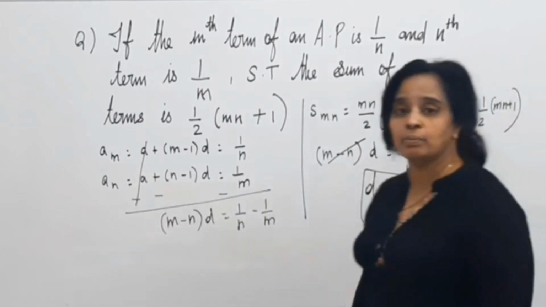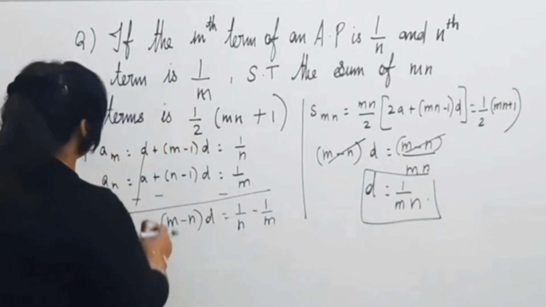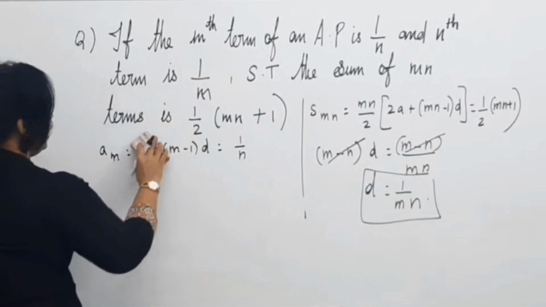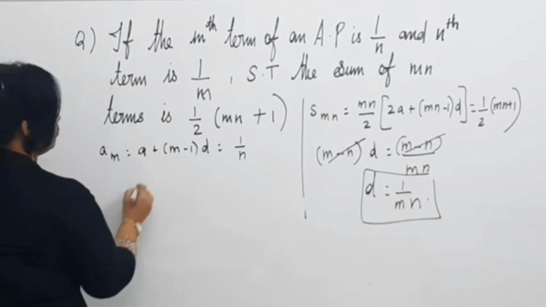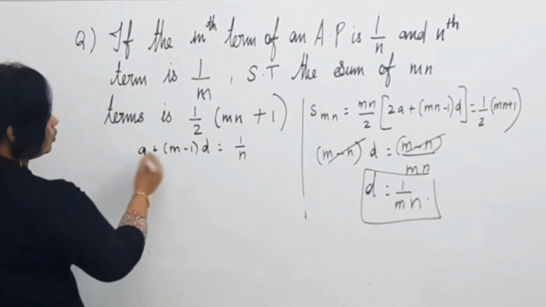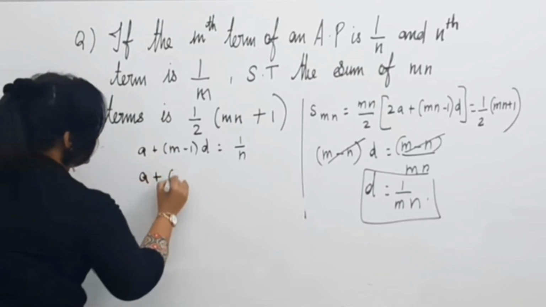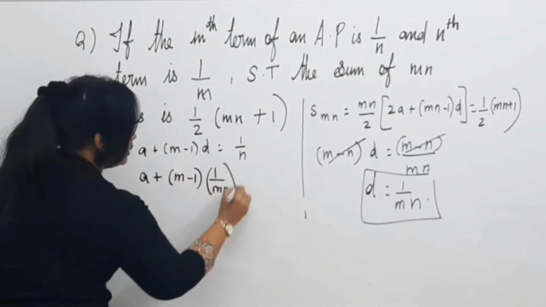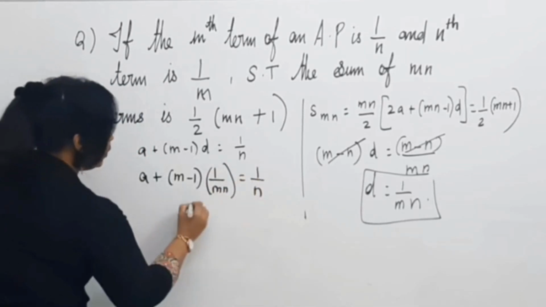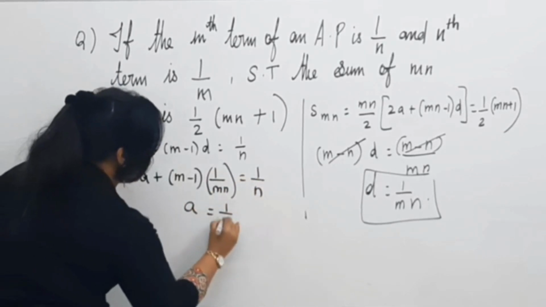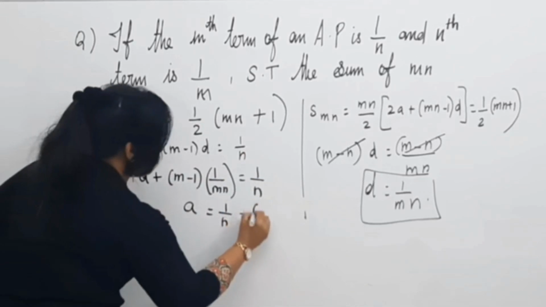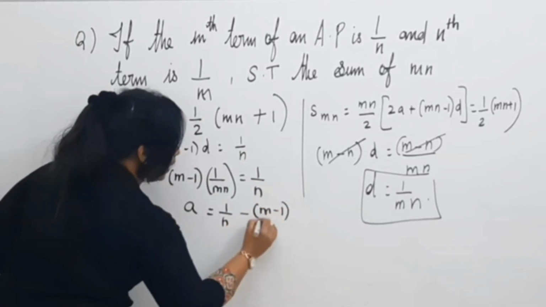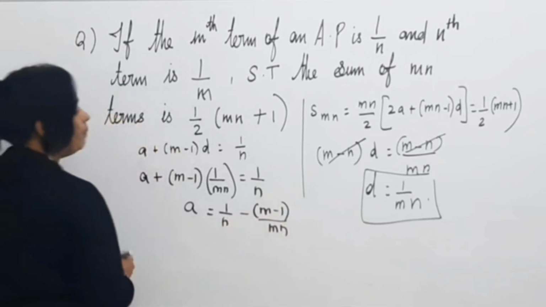So I got my D here. Now I have to get my A. So I will substitute in any one of these equations to get my A. So I take A plus m minus 1 into D, which is 1 by mn, is equal to 1 by n. So A I have to get. So 1 by n, this goes to the other side, becomes minus m minus 1 into 1 by mn.